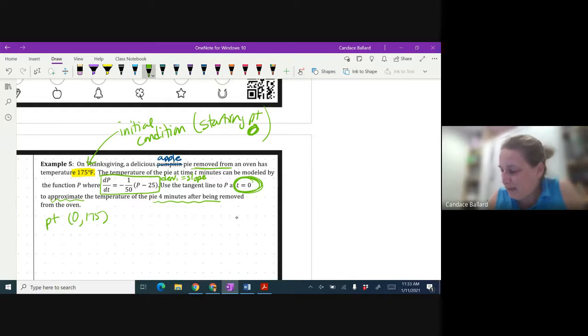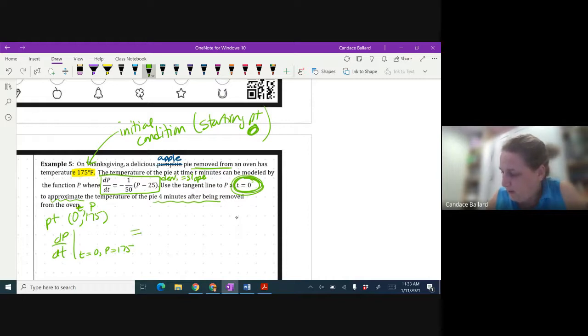I need to find the slope. This is the t value, and this would be the p value according to this problem, so I need to put the y value in. So dp/dt when p is equal to 175. I want to be really explicit about this: when t equals 0 and p equals 175, because they're asking for 0.